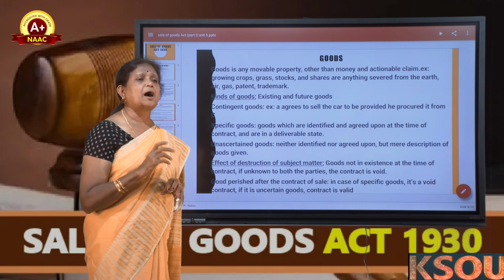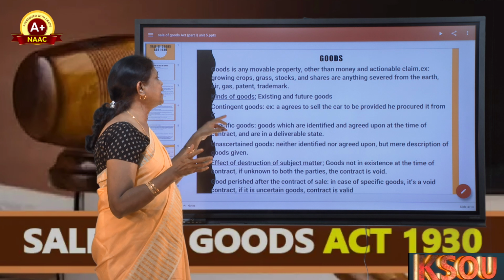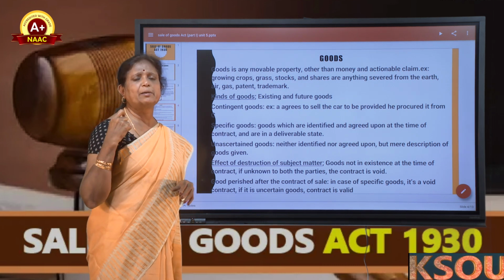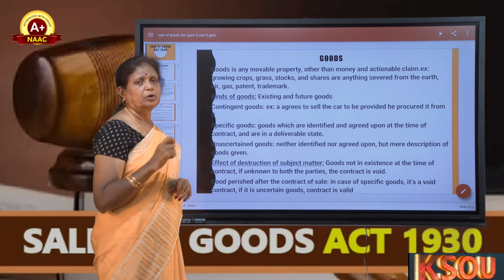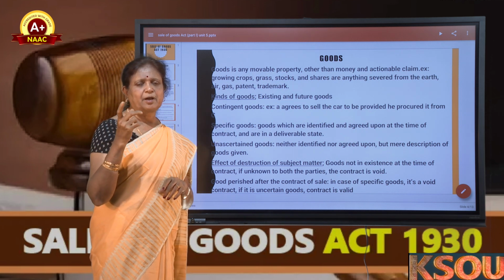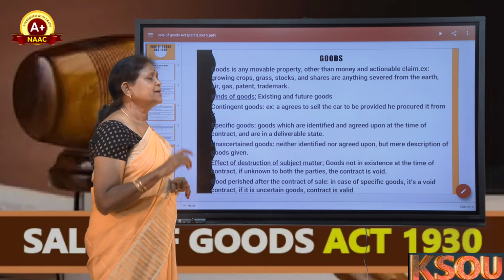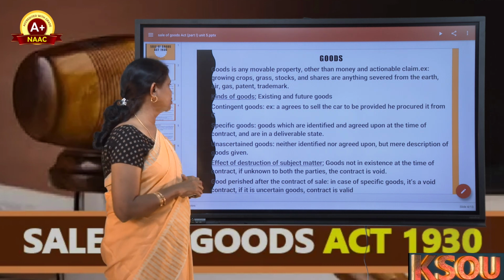Contingent means happening or not happening of a particular event. Similarly, if the goods are not in the hands of a person while making a contract, so they are to be procured from somewhere, and after procuration a contract can be completed. In such cases, such goods are called contingent goods.